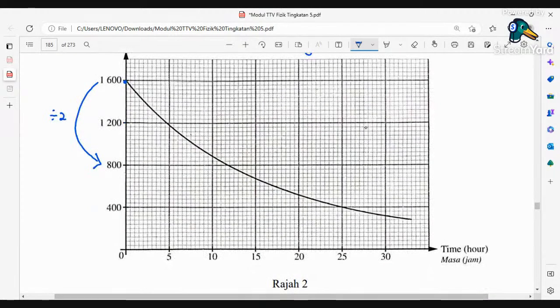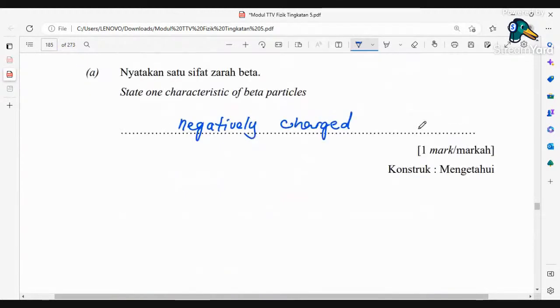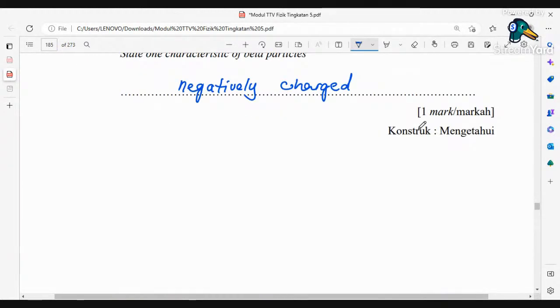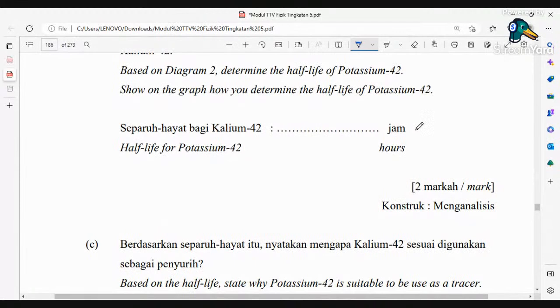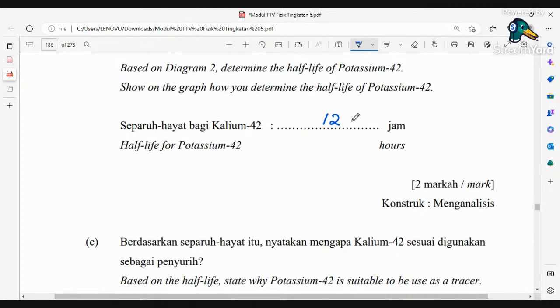So use ruler and pencil, you just draw a dash line like this, and then go down here to read the value of time. Okay, so you have 11, 12. Maksudnya 12 hours. Okay, write down here 12. Show on your graph how you determine the value. You get 1 mark from the graph and 1 mark for answer.